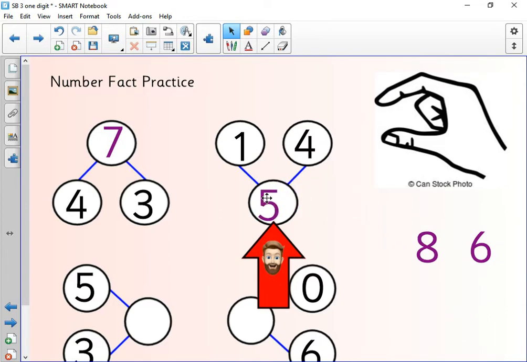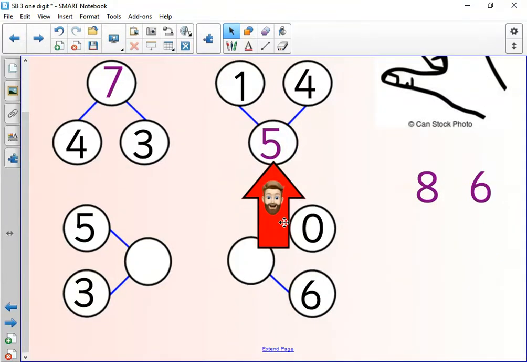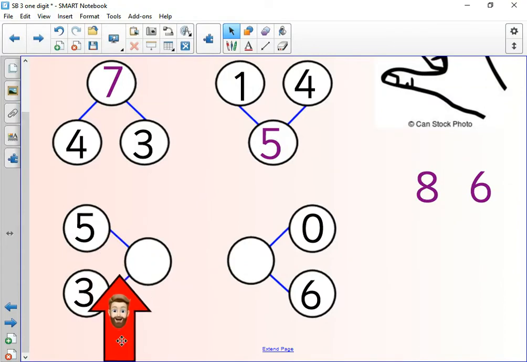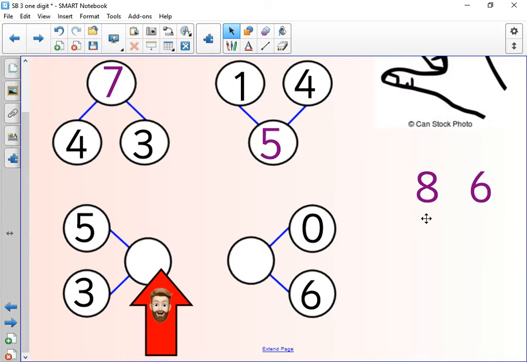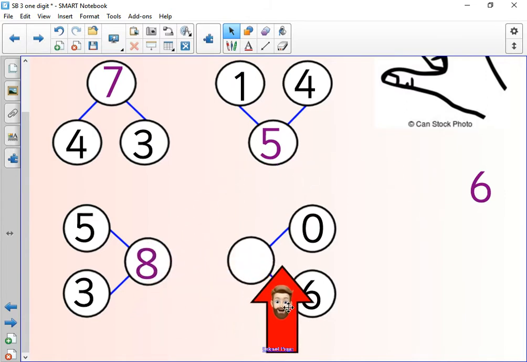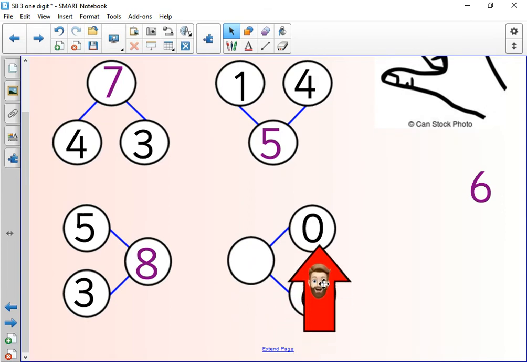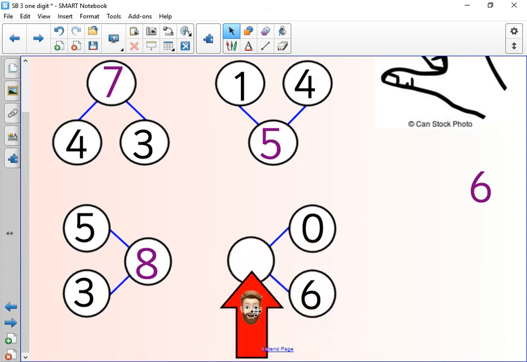Well done. 5 add 3 is brilliant. It's 8. And the last one, 6 add 0 is, yes, it's 6.